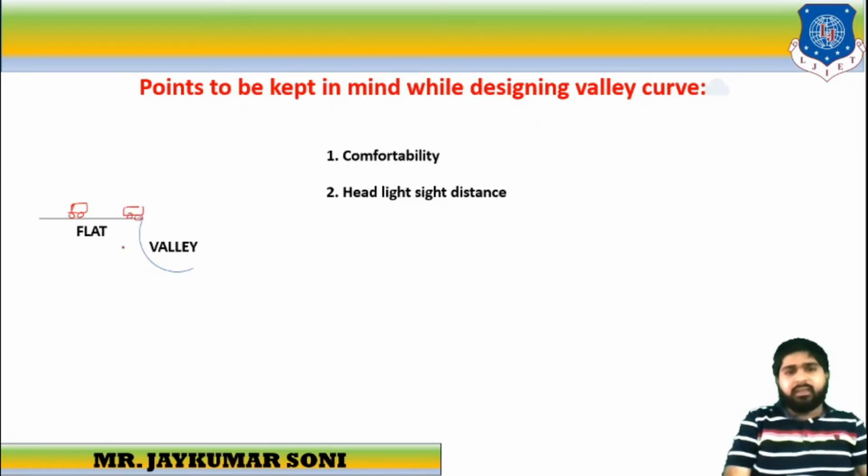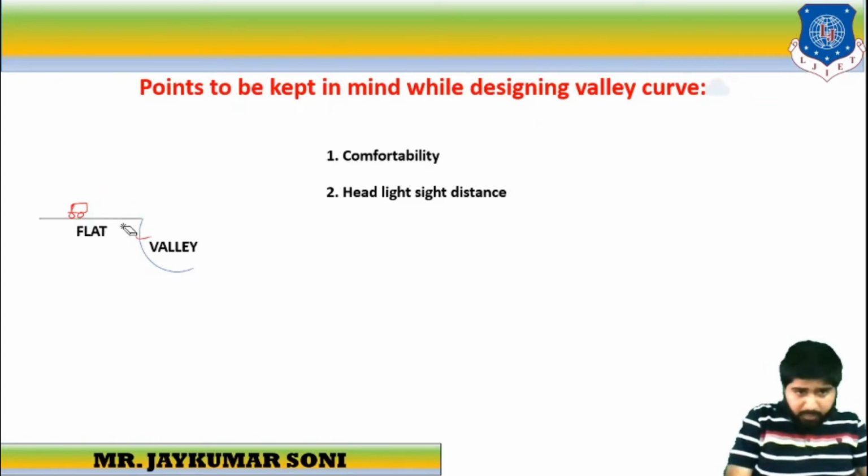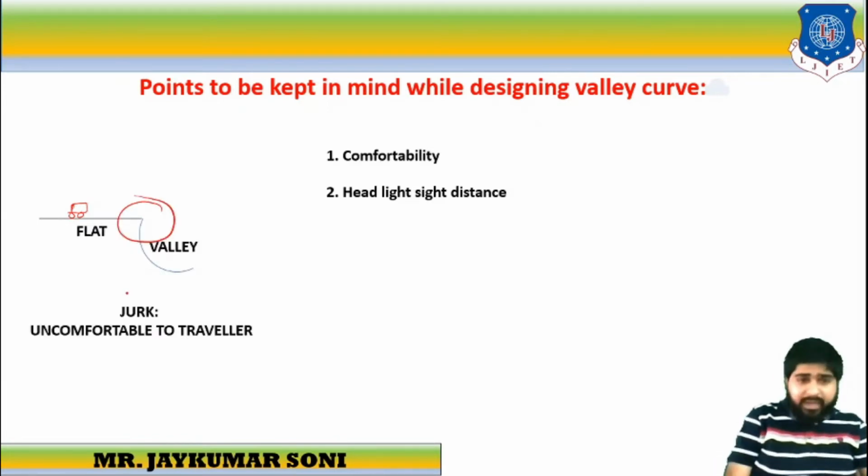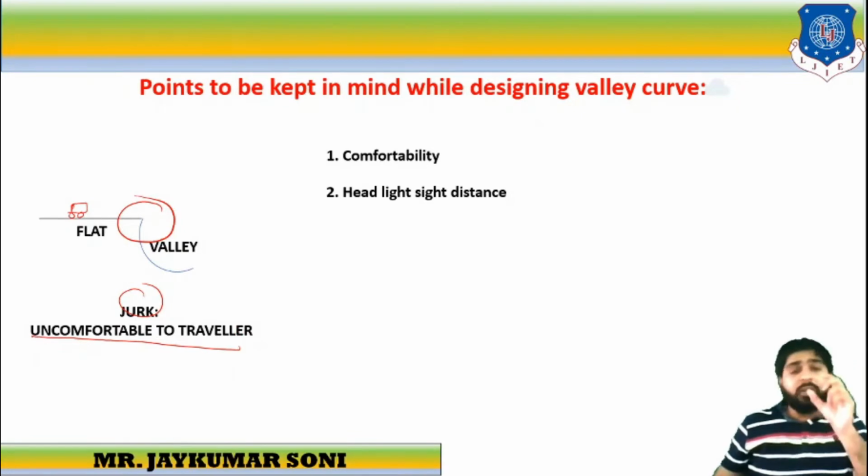And if this is the valley, then what will happen? My vehicle will travel from this point, and it will experience various kinds of jerk. That means the jerks will be uncomfortable for the traveler. It will cause discomfort to the traveler or the driver.